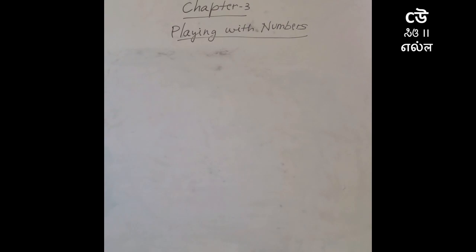We learned what are factors and what are multiples, and how we can conclude with the factors and multiples, and we also saw some differences, and we also saw the perfect number. Okay, so these are the topics we learned till now. So let us next solve some example problems.